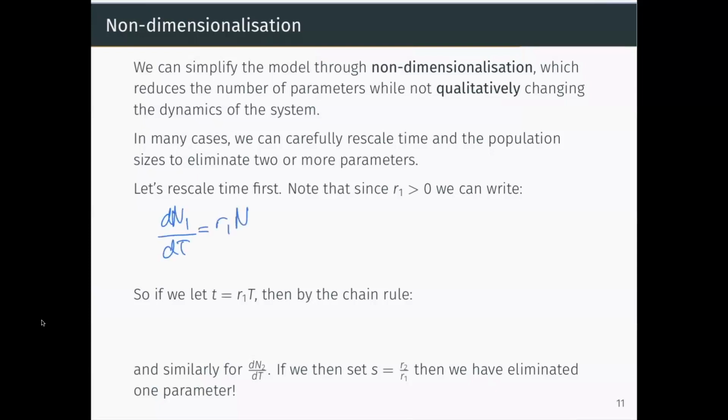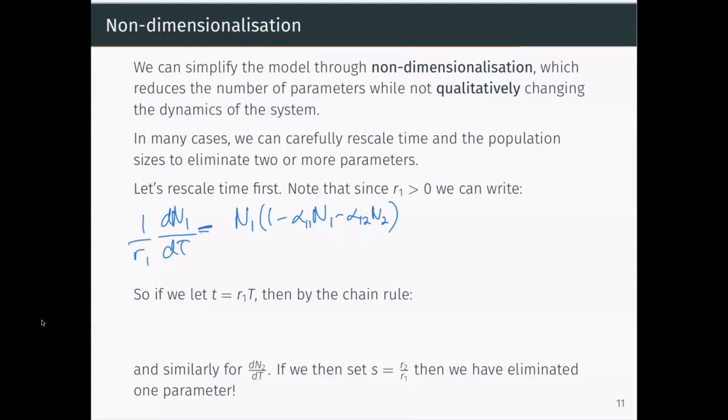We have r1 N1 (1 minus alpha 11 N1 minus alpha 12 N2). And what do I note here? Well, I note here that I've got this r1 on the outside of this bracket, and this is an intrinsic growth rate. So this is a rate, something that's time dependent. What I can do is I can divide both sides by this r1.